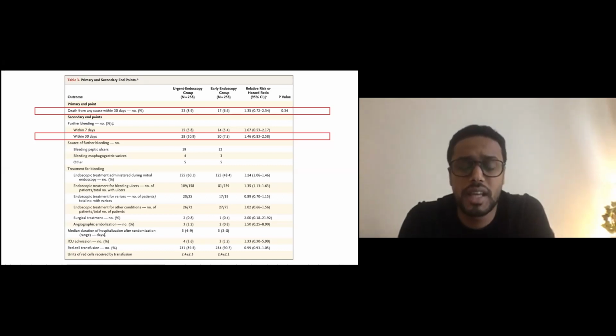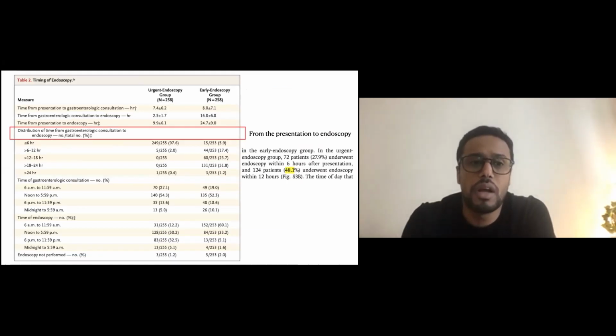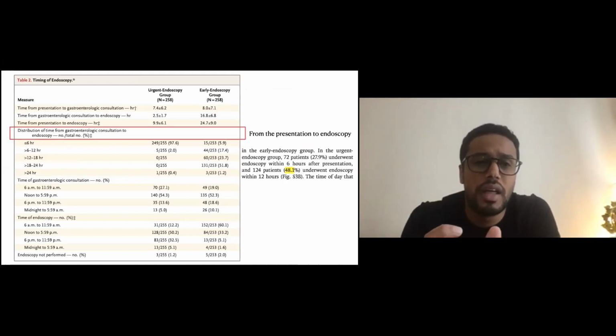Also, we can see that there was no difference in the rate of ICU admission, transfusion, or any surgical treatment between the two groups.